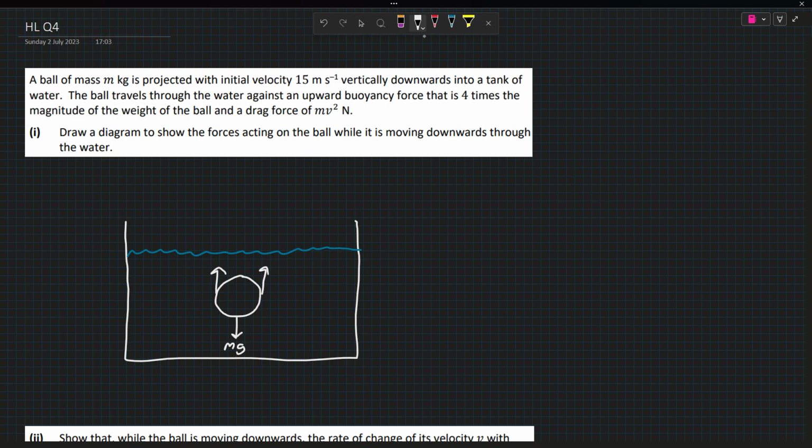The buoyancy force is 4 times the weight of the ball, so it's 4mg, and a drag force mv squared. The net direction is mostly upwards, but the direction of motion is downwards.